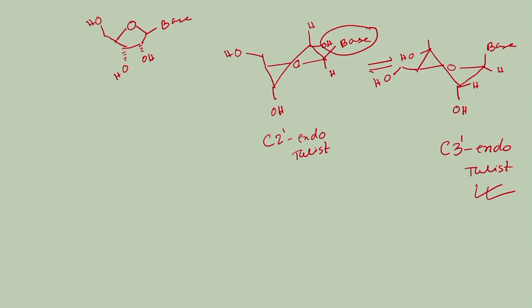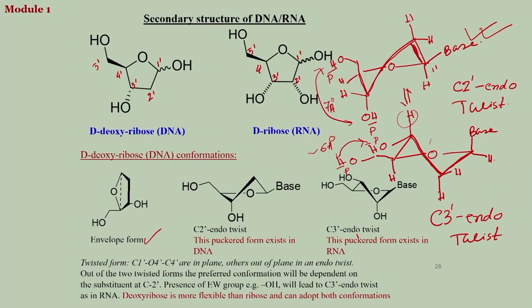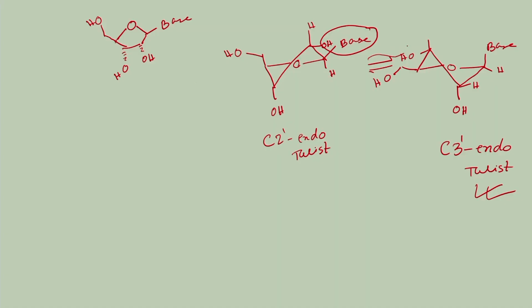So, DNA, as I have said, has the B form with proper double helical structures, and that is coming from here, because if you have seen C2' endo twist for DNA, this is the 3' end, you can have the extension in this way, and the 5' end will go that way. So, you will have a proper skeleton that is known as the B form. In A form, your extension has to be in this part, and from the 5' end this part, and that will give you the A form of RNA.